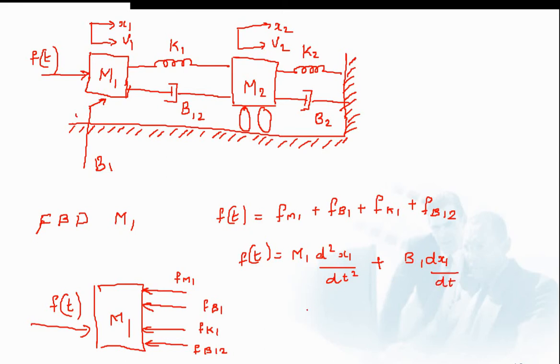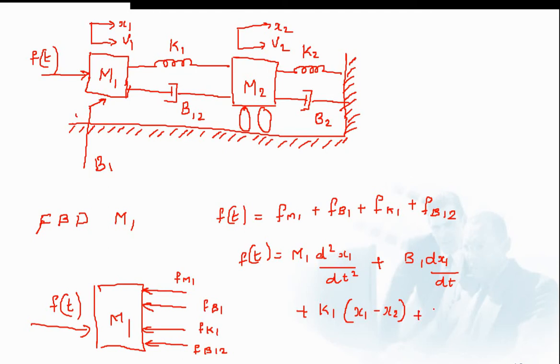What are the other terms? Plus k1 into, since k1 is connected in between m1 and m2, k1 into x1 minus x2. We are writing the equation with respect to mass m1.